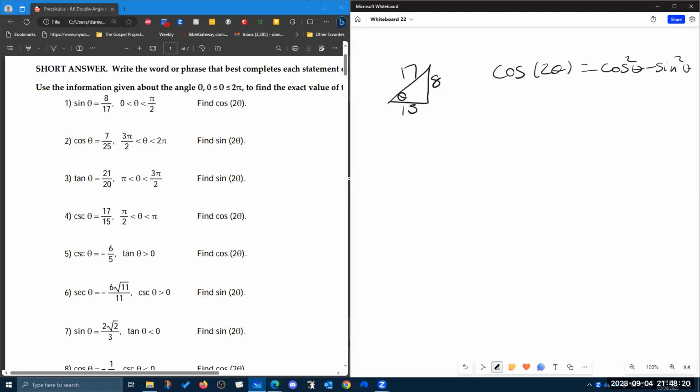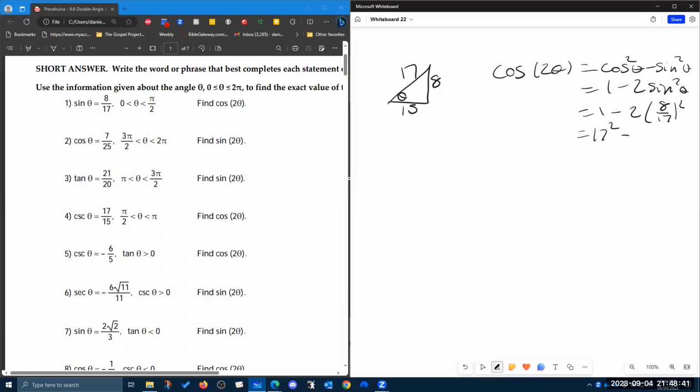There's some other forms of that. I'm going to use the one that's got sine squared in it only because we were given the sine value. So 1 minus 2 times 8/17 squared.